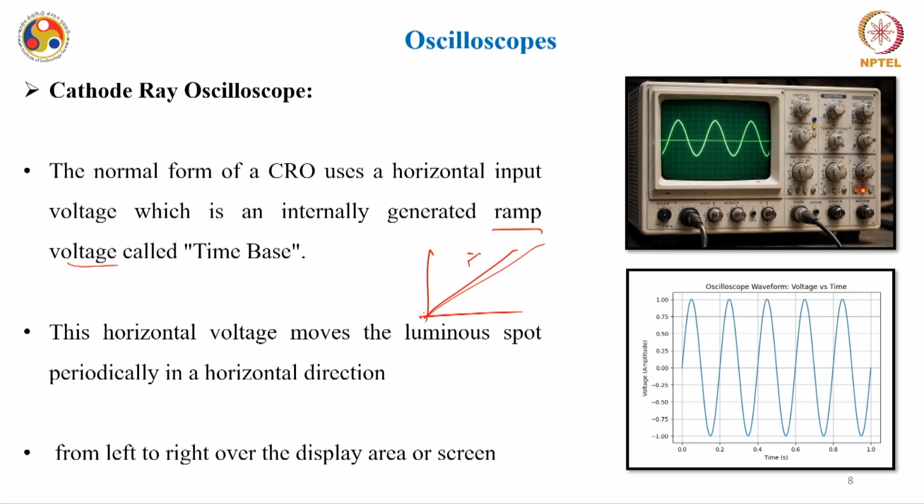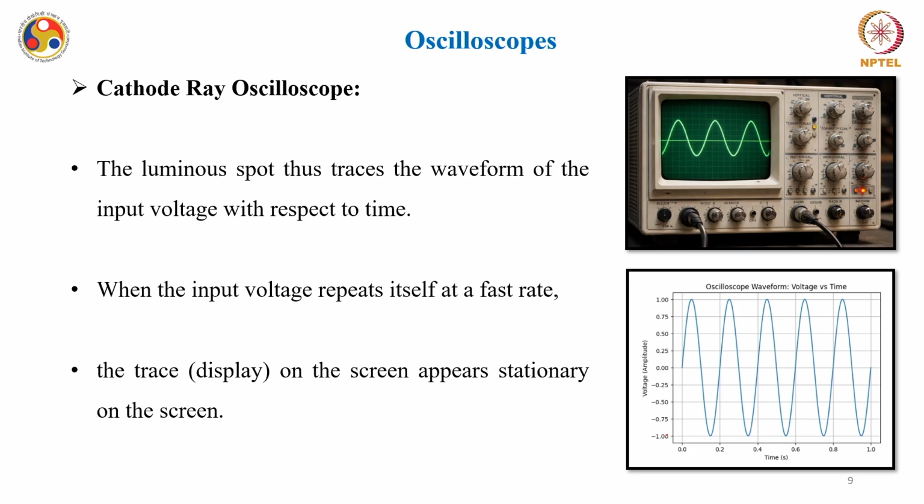This horizontal voltage moves this luminous spot periodically in the horizontal direction from left to right over the display area or this phosphor screen. The luminous spot thus traces the waveform of input voltage with respect to time. When the input voltage repeats itself at a faster pace, the trace on the screen appears stationary, otherwise it will look like a moving trace of signal.